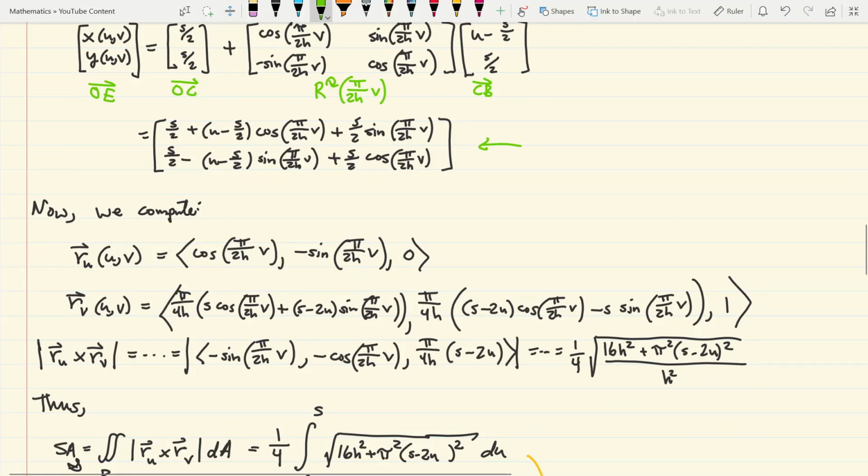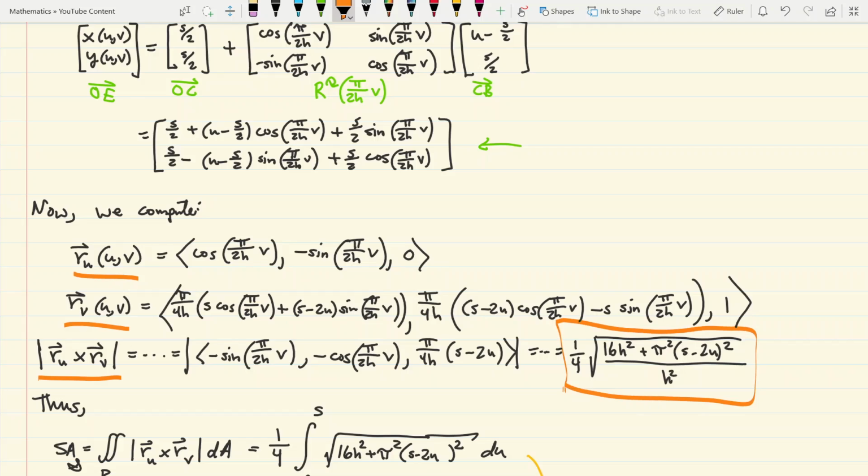All right, next is a lot of algebra. So we'll just go through this very quickly, but you can compute the u and v partials. I've written them here. I just used some computer algebra system to do this. And then you can cross them and then take the magnitude and you get this expression here.